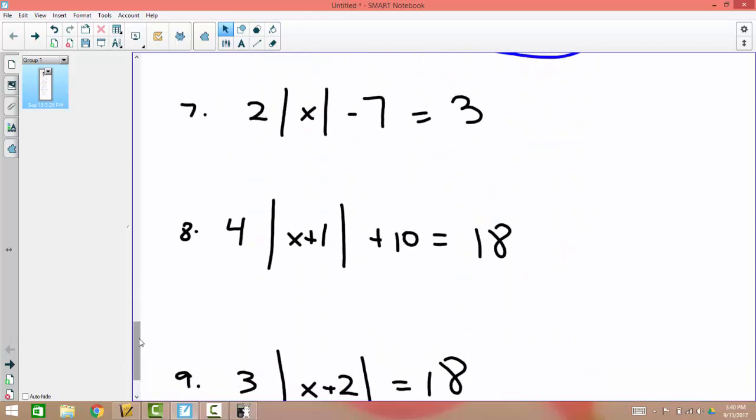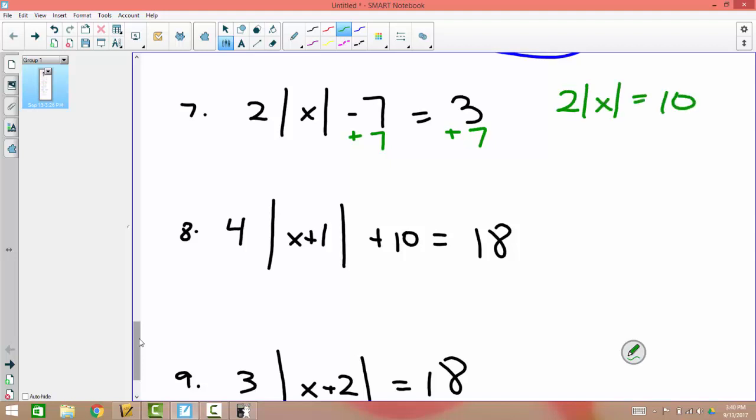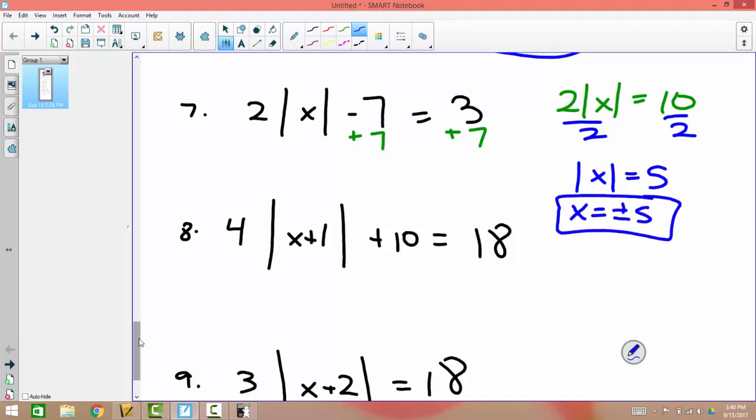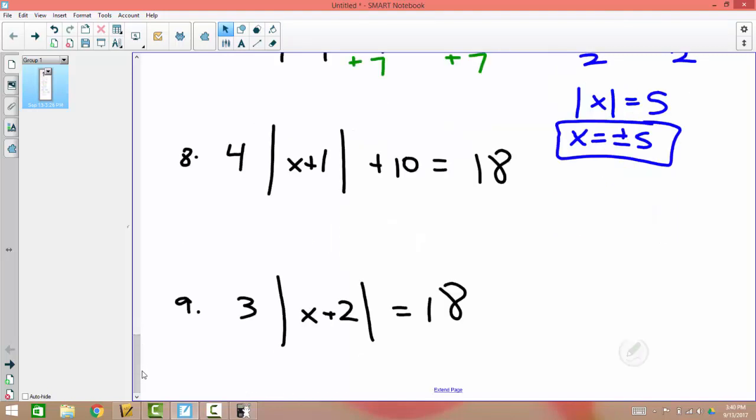Okay, the very first one, you would add 7 first because you're undoing the order of operations. So 2 absolute value of x equals 10. The next step would be to divide by 2. So the absolute value of x equals 5. So your solution is positive or negative 5. In number 8, your first step would be to subtract 10.